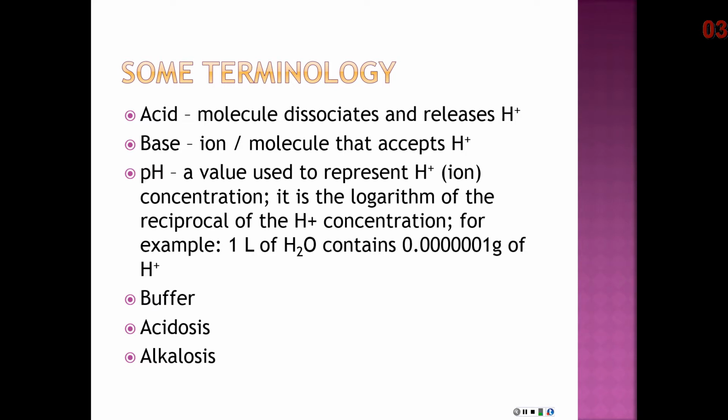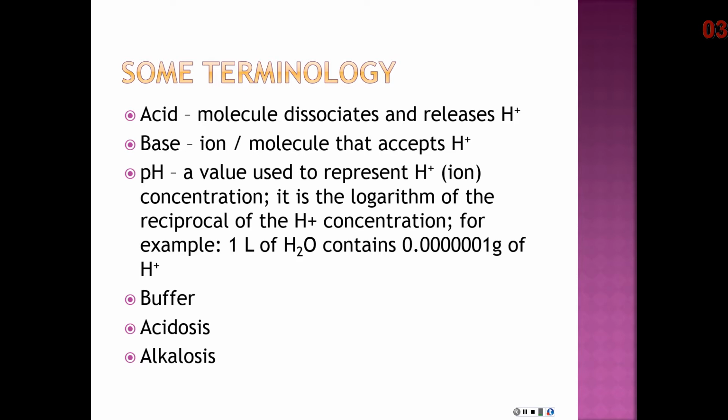Again, when we're talking about blood. Okay, and we'll look at that more again, but try and keep that difference in your mind. 7.0 is neutral only from the scientific point, not from the physiological point. We measure pH in a number of areas, but blood is the one we're going to look at most commonly.